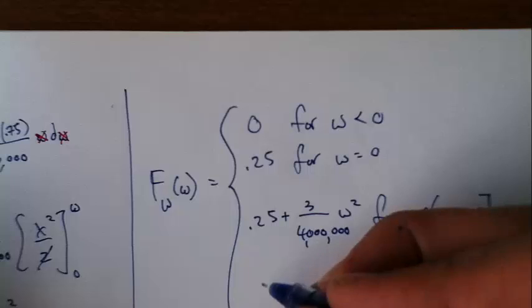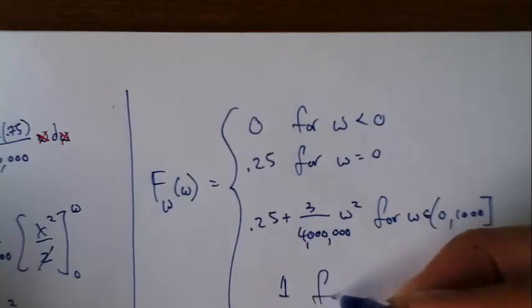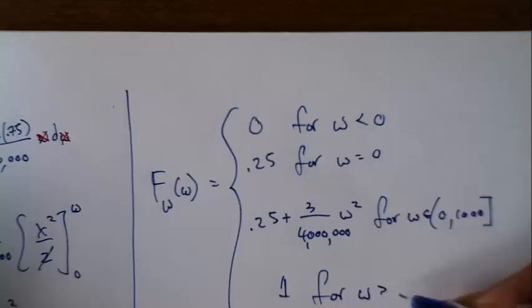Or finally, it'll be 1 for w greater than 1,000.